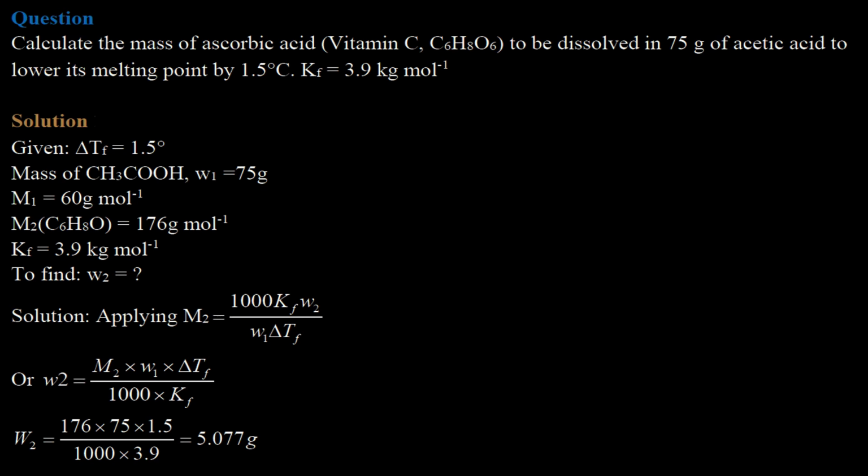Substituting the values, M2 is 176, mass of the solvent is 75, delta TF is 1.5, divided by 1000 into 3.9, Kf is also given in the question. So the mass of ascorbic acid required is 5.077 grams.